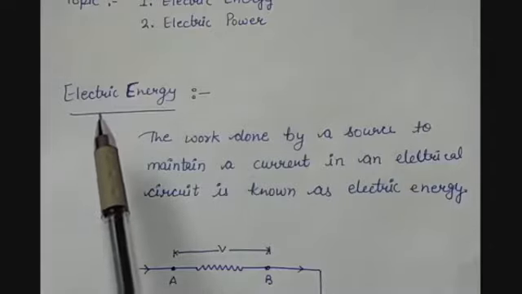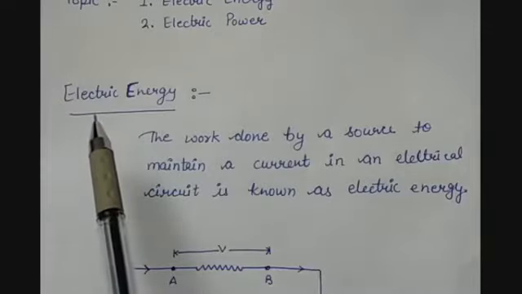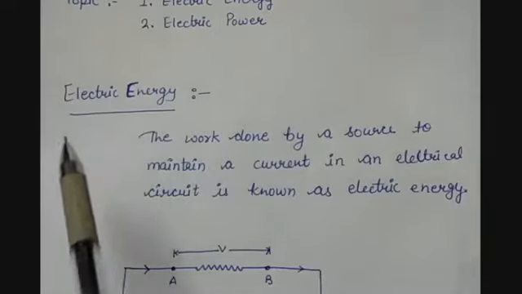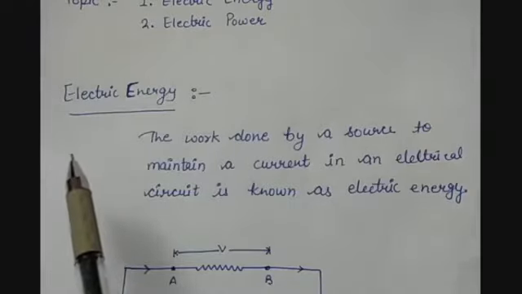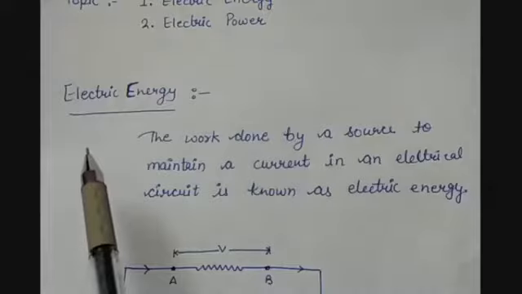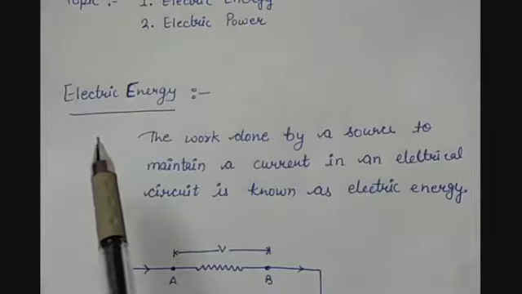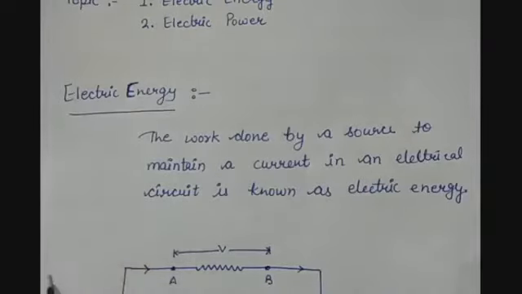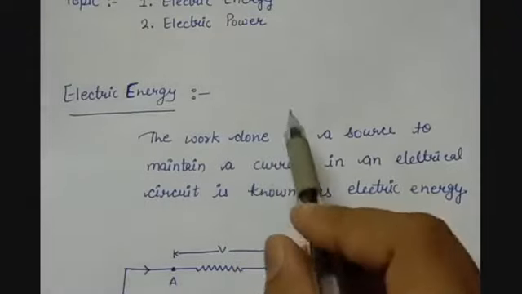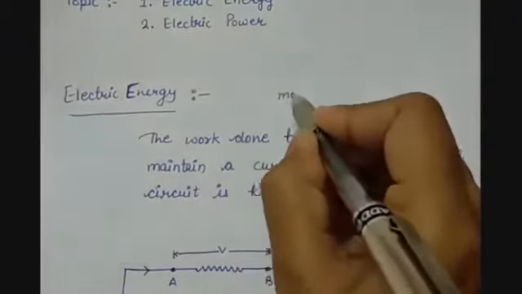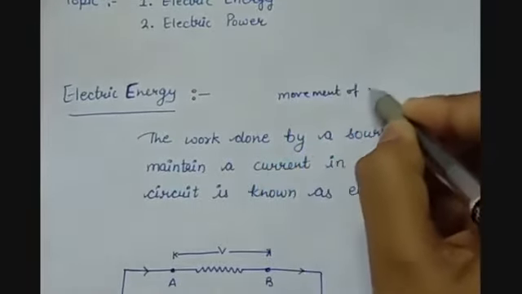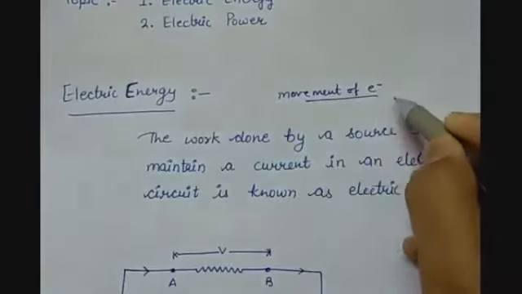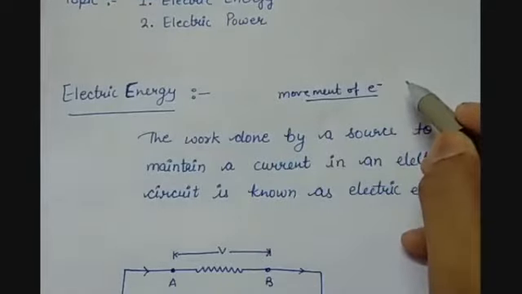When we are using electrical appliances, we are not consuming electrons exactly. We are just utilizing the energy of electrons when the electrons move from one point to another. So basically the main motive is the movement of electrons. That means movement of charge is important.